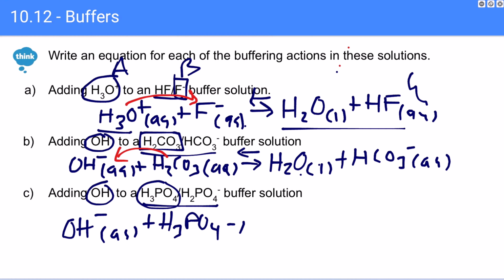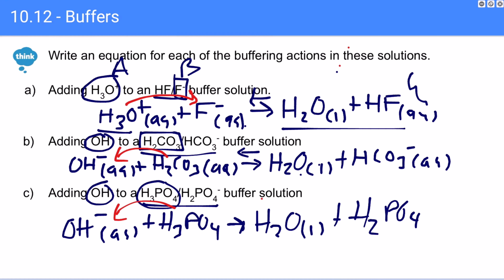Again, that hydrogen ion is going to transfer from the H3PO4 to the OH here. And we end up with some H2O, again liquid, and H2PO4 minus. Okay. So again, it's pretty easy to do.